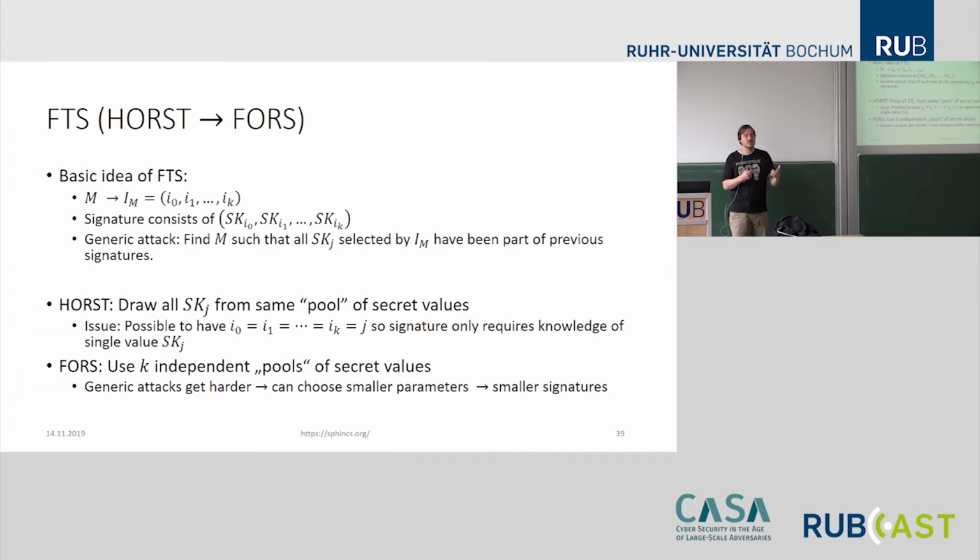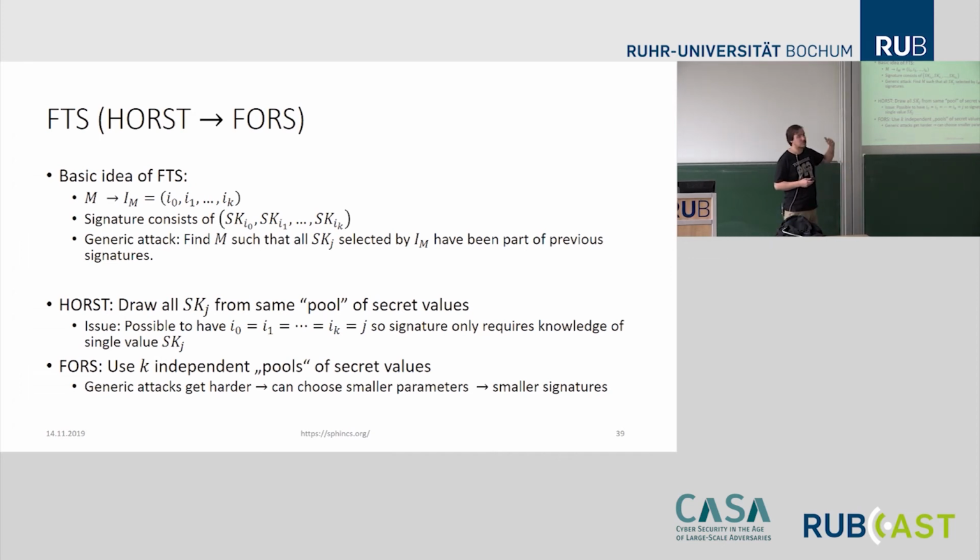This is exactly the reason why security degrades over time, because with every new signature, the set of known secret key values gets larger. And so the probability that you can find a message which only needs secret key values that you've seen before gets higher. So you get more insecure.